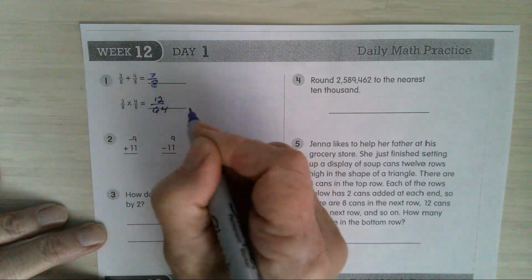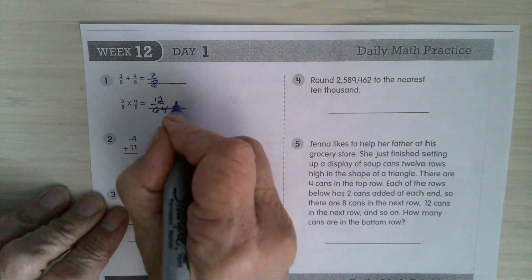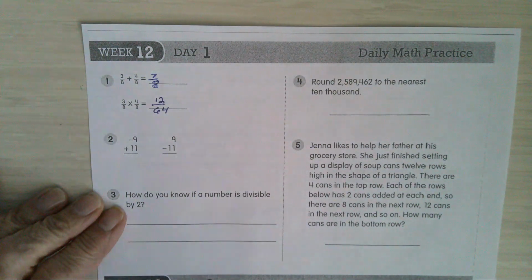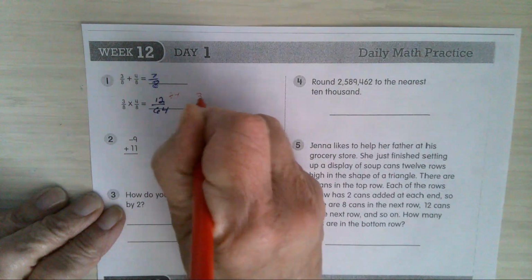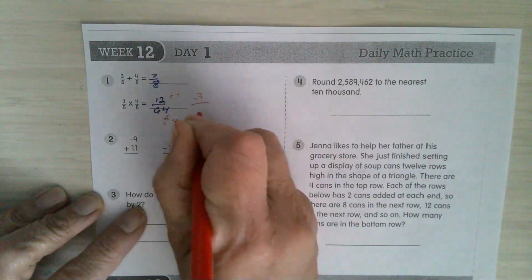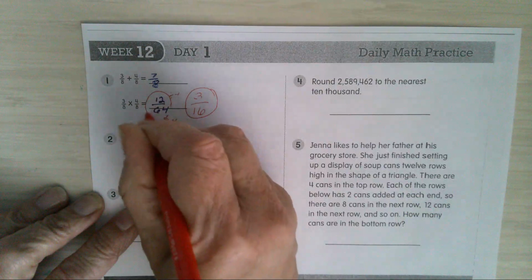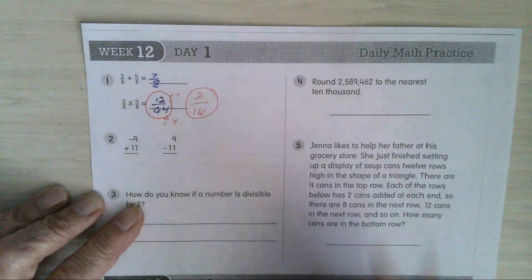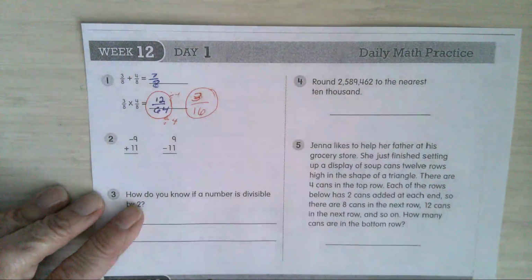Now, you could simplify this problem by asking, what's a number that can divide a 12 and a 64? 4 can. 12 divided by 4 is 3, and 64 divided by 4 is 16. So 12 over 64 is the same thing as 3 over 16. Write that on your paper if you don't already have it.